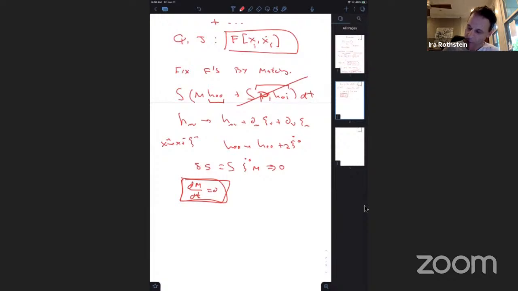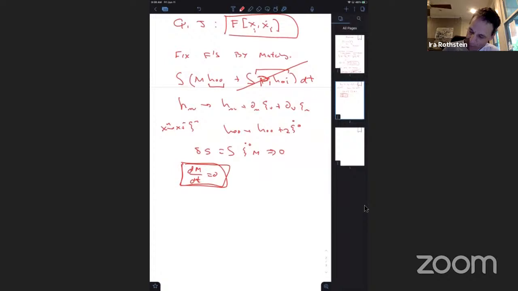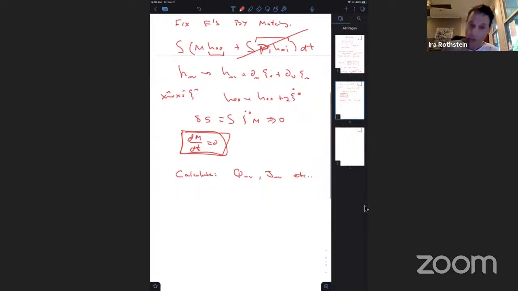And now the next question is, the job of a theorist is to calculate the Wilson coefficients. Okay? So how do we do that? So we do that through our matching procedure.